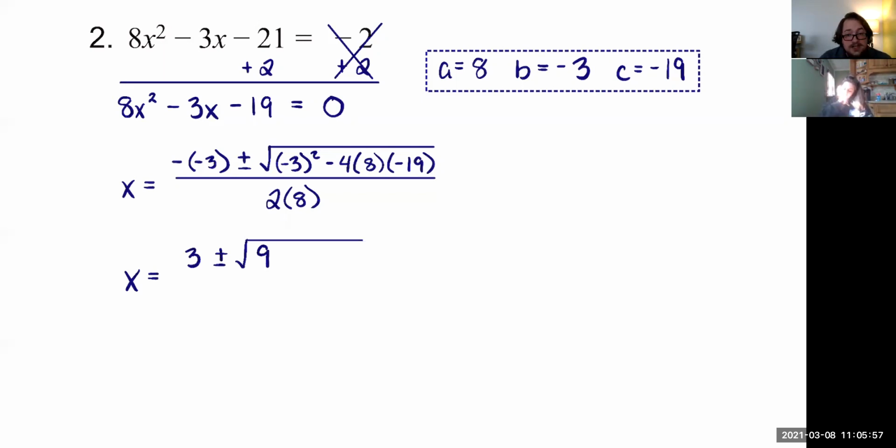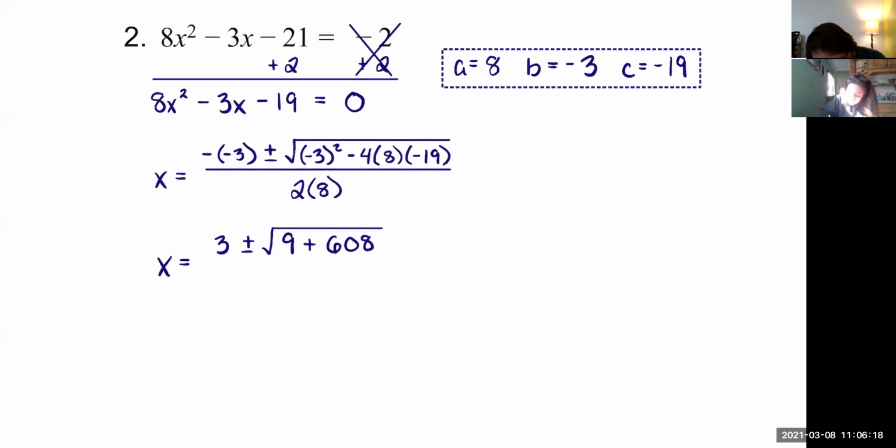And then the negative 32 times negative 19. I know it's positive. 608. Let me recheck that. Is that what you got, Tiara? Yep, she's nodding her head. So two people, odds are, unless we, by some circumstance, made the same mistakes, that's encouraging. The whole thing's over 2 times 8, which is now 16.